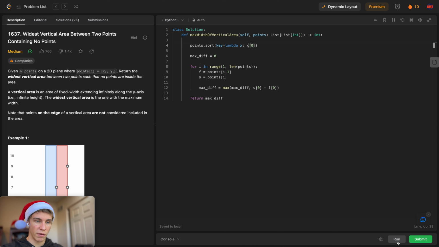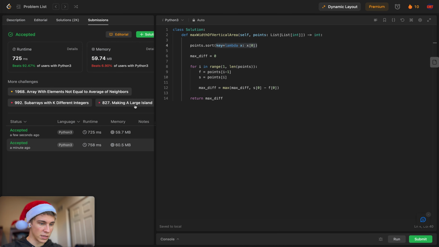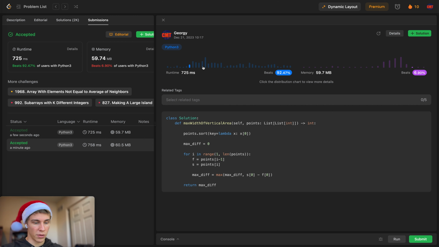Let me see if this runs faster. The reason may be that the default sorting algorithm isn't as ideal as the one where I specify the key on which I'm going to sort, because it could be comparing the whole array itself. And it does run a bit faster. We're in the 92nd percentile.